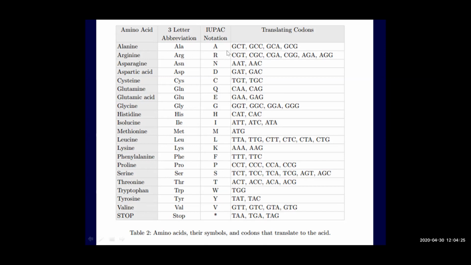So for example, alanine is coded by GCT, GCC, GCA and GCG. In all these triplet codons which represent alanine, you find that the third nucleotide is changing: T, C, A and G. But the first two nucleotides are common.